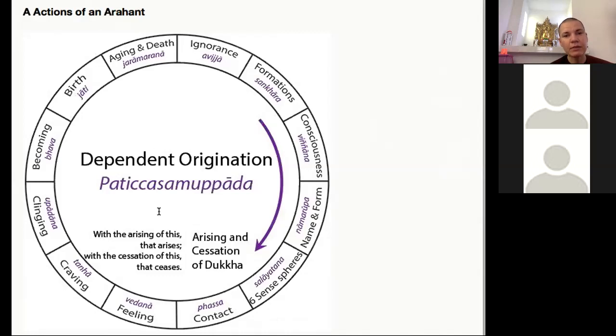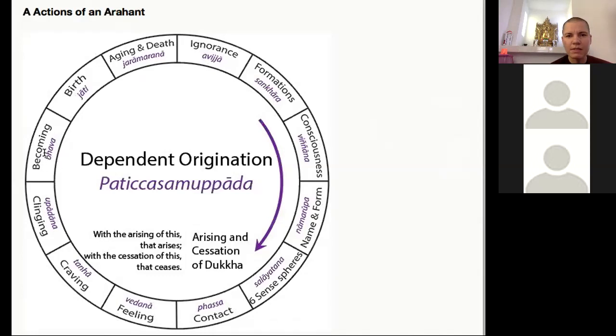Yes, so for an arahant, we're not saying he's not doing, he is doing. We are not saying he's not experiencing, he is experiencing. But he doesn't have avijja, he doesn't have ignorance. And he doesn't have craving. So without ignorance, without craving, there is no becoming, there is no getting.